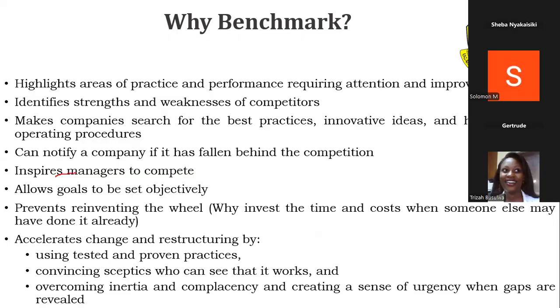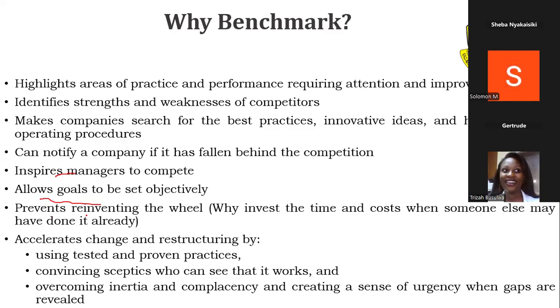It's a positive way of looking at competition because it gets one's mind to think. Not just management, but staff members and the organization as a whole. Then we also set goals. It helps us to set goals for what we want to do.